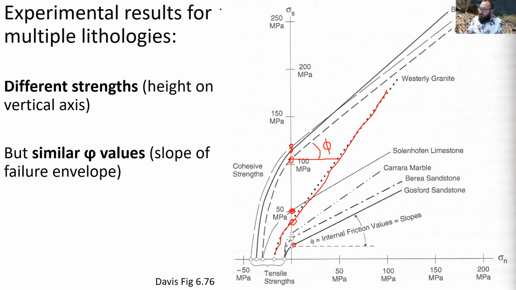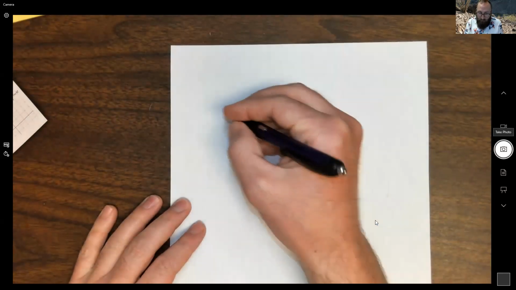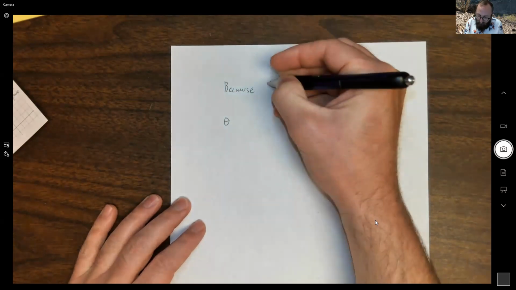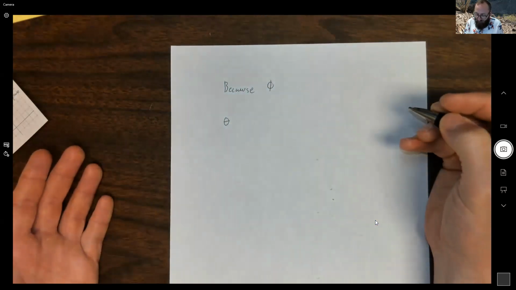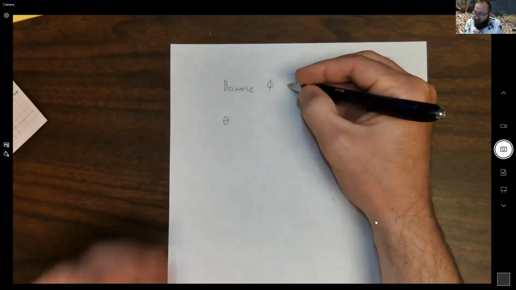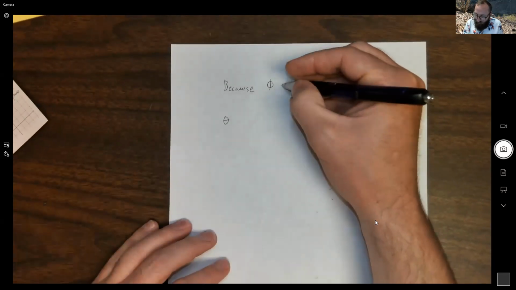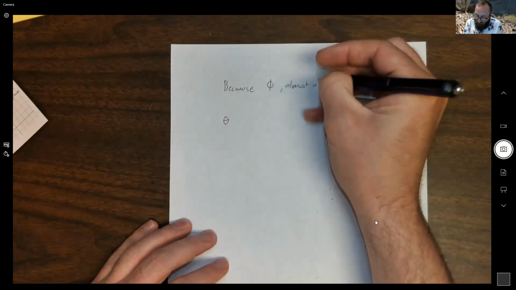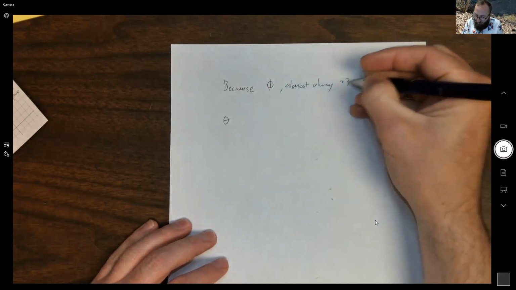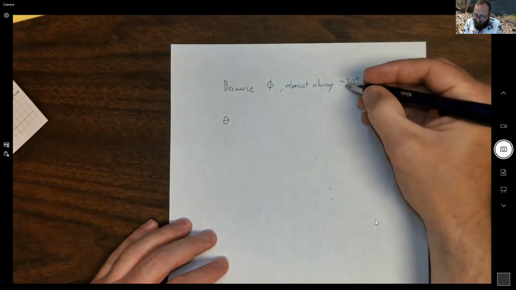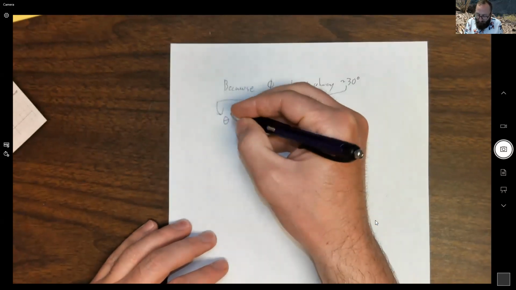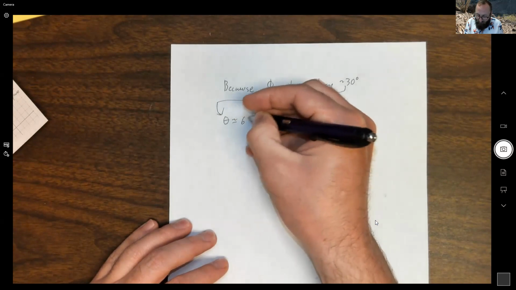Let me hop back to here. Again, let me restate that. Phi, which is the internal angle of friction, is almost always the same no matter the rock type, about 30 degrees, and that translates from our Mohr circle telling us that theta is almost always 60 degrees.